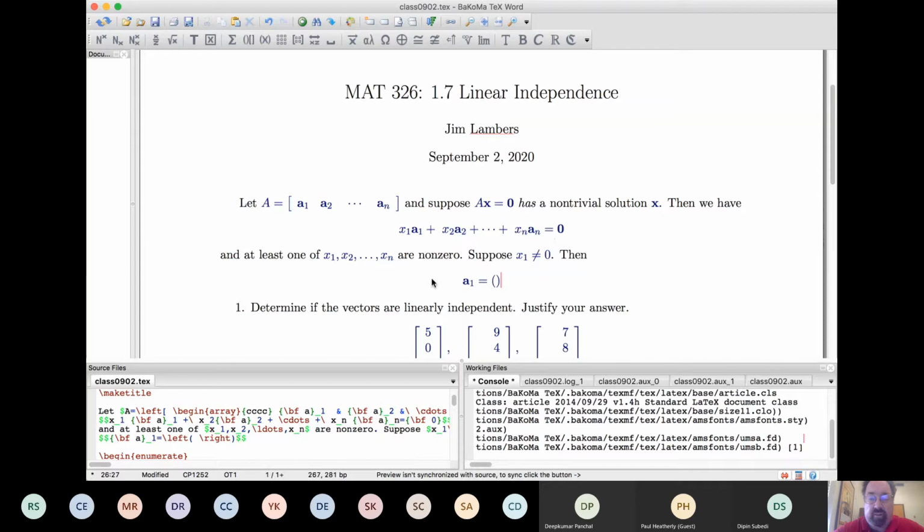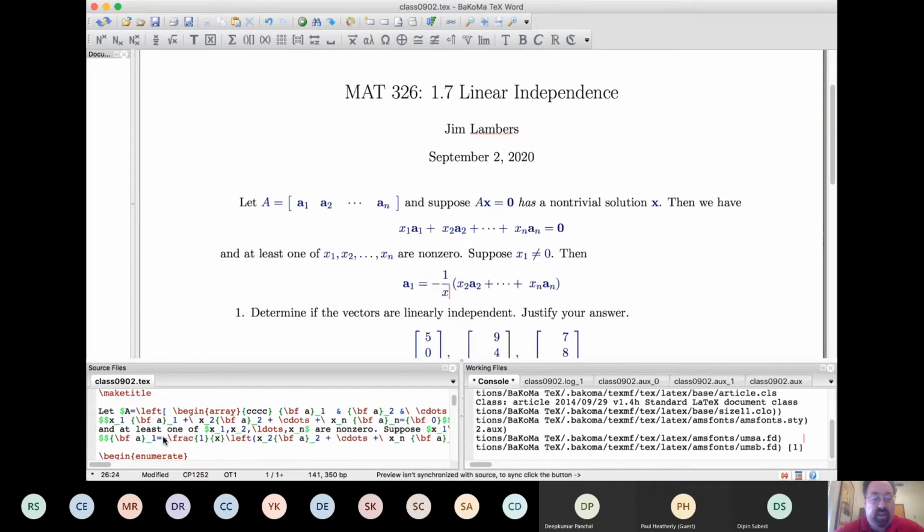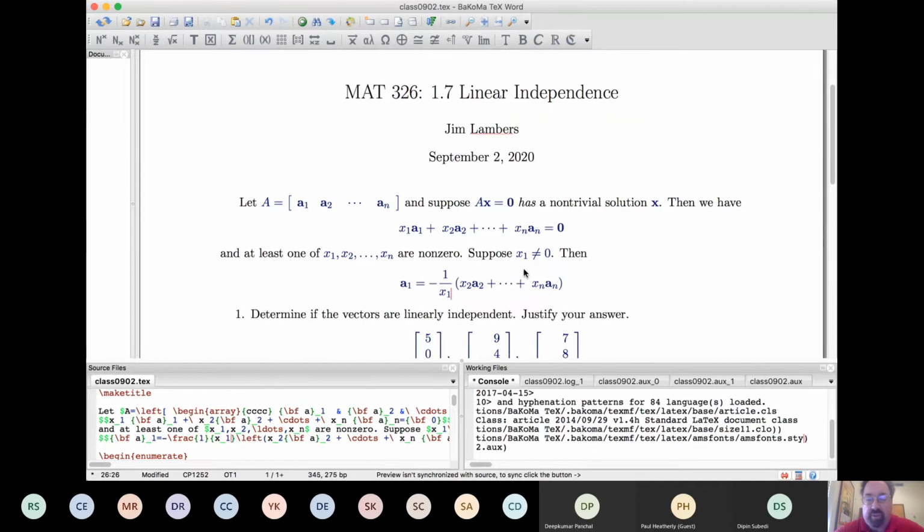I can take all the other terms and move them to the other side. Since I'm moving them to the other side, I have to negate them. And then I'm going to divide by x1, which is why I had to assume that it was non-zero.